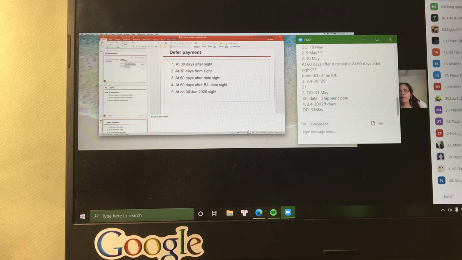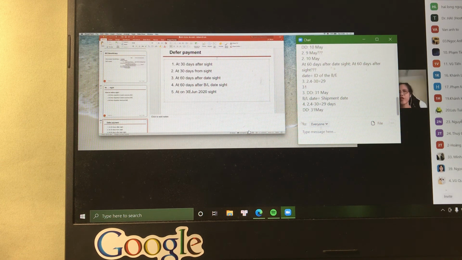For example, from today, 11th of May, we sign a contract and we negotiate that the payment date or due date falls on 15th of July. That is a fixed day. We don't need to calculate. On that day, they have to pay.